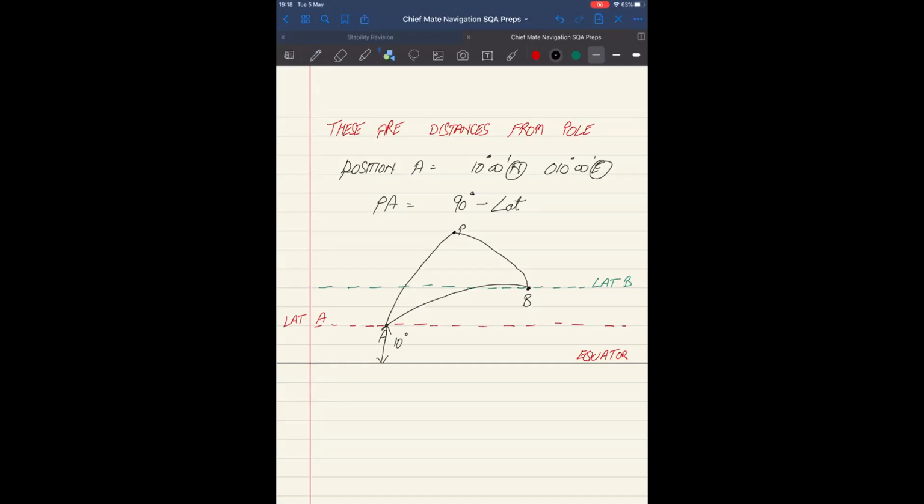We know from equator to pole is 90 degrees, but in the formula, we measure this line PA. So this was 90 degrees, this is 10 degrees. We can clearly say that this distance is nothing but 90 minus 10. So this is important, that these distances are measured from the pole.